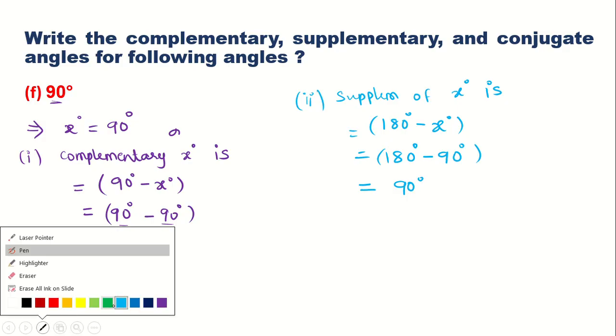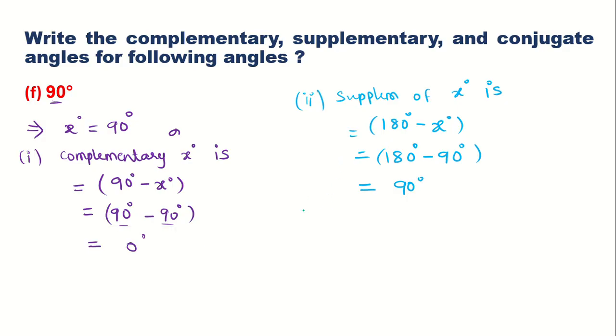Next, you will find out conjugate. Practice along with me so you can understand better, and see whether you clearly understood the topic or not. Conjugate of x degrees is 360 degrees minus x degrees.